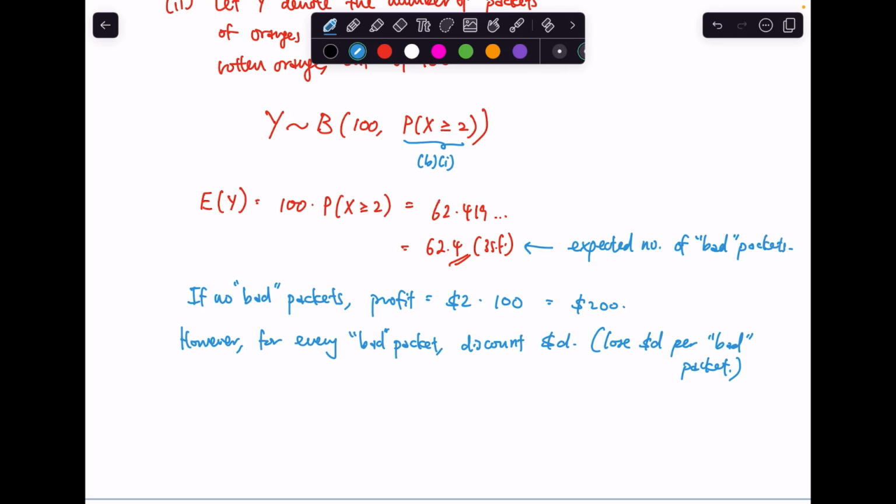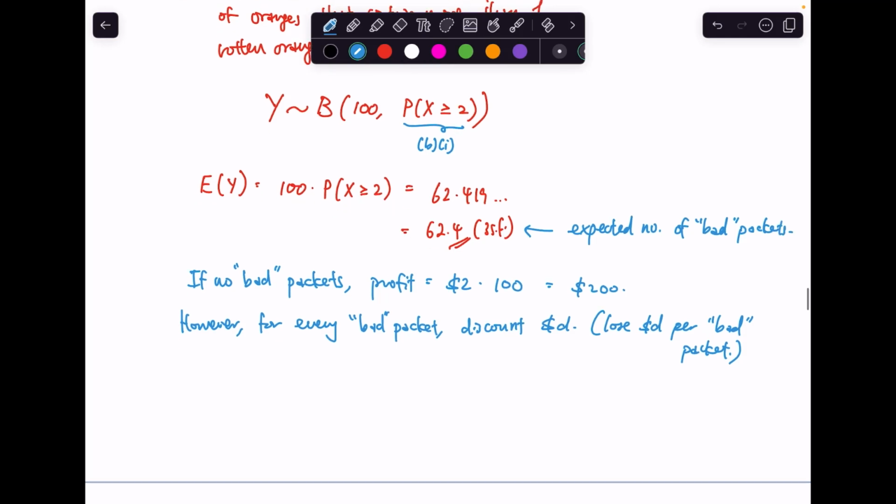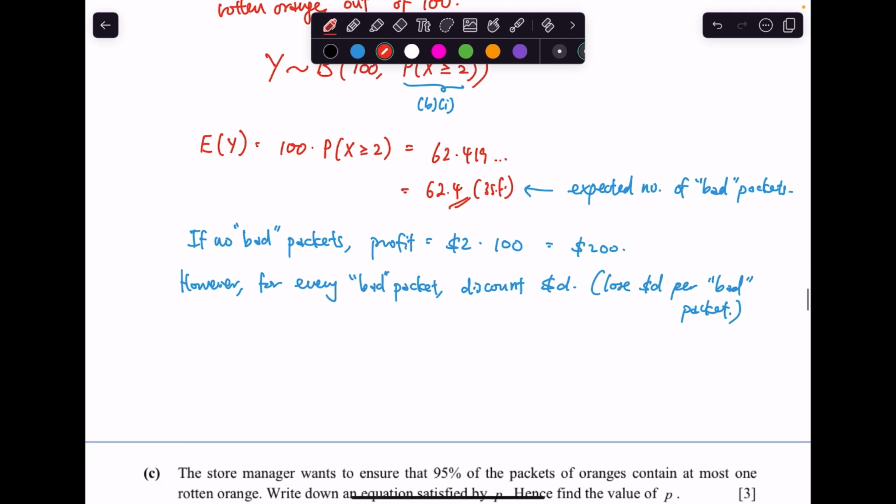Now that we have the expected number of bad packets, we lose D dollars per bad packet, which means the net profit is $200 minus this expectation value. So minus 100 times the probability of X more than or equal to 2 times D, because that's the amount of money we lose per bad packet. This is the expected number of bad packets.